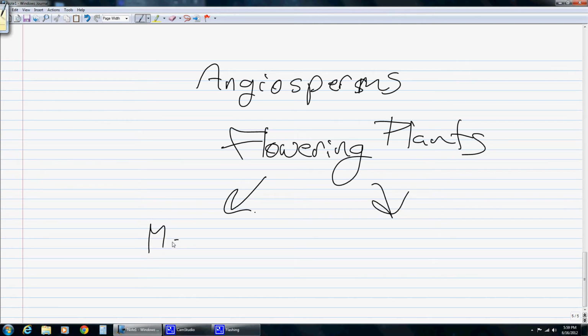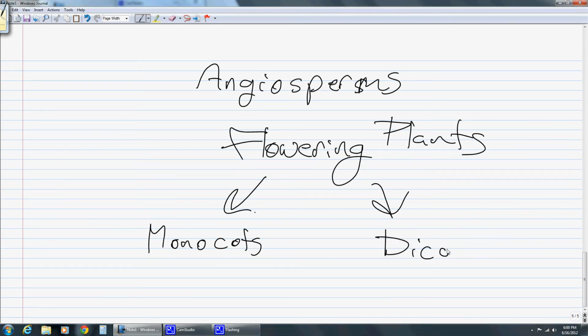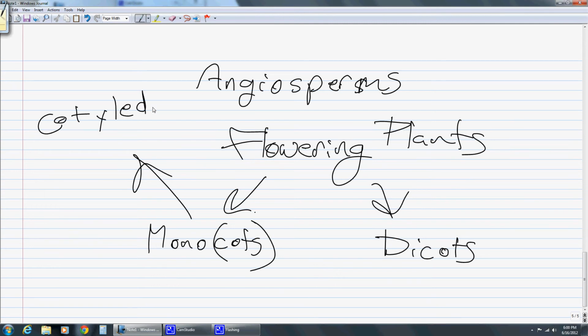Now, again, with angiosperms, we split up again, and we split into two different types. We have either the monocots, or you can have the dicots. And what this cot stands for is something called a cotyledon. A cotyledon is the food source for the embryo.